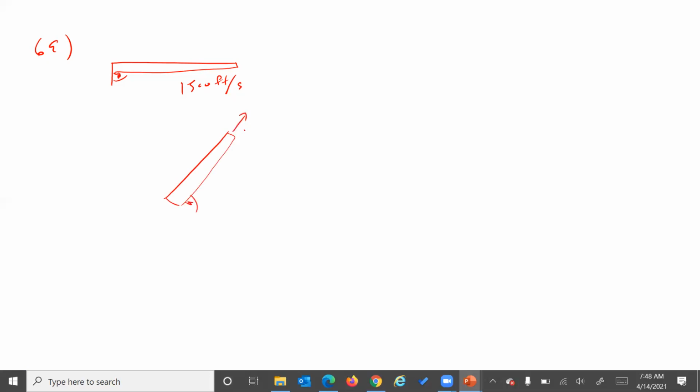Okay, what should we do? Takes 2 seconds to reach 750 feet. I guess we've got equations on our hands, right? There's an angle right over here.